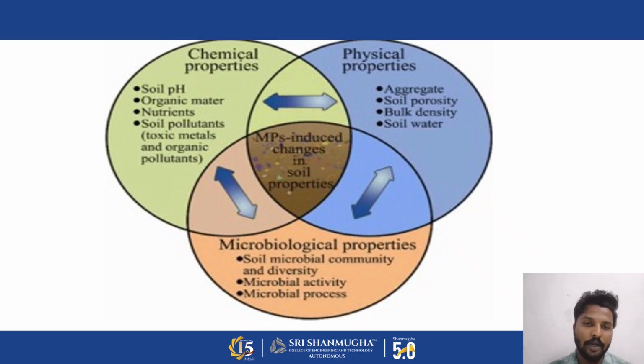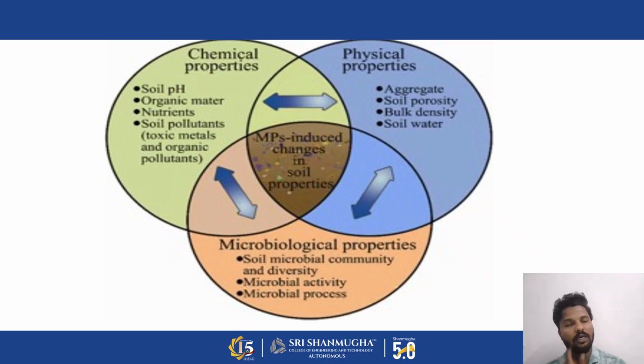Then microbial activity is the rate at which microbes perform essential ecological tasks, for example, decomposition and nitrogen fixation. The third and last one is the microbial process. It means the specific biochemical cycles mediated by microorganisms.